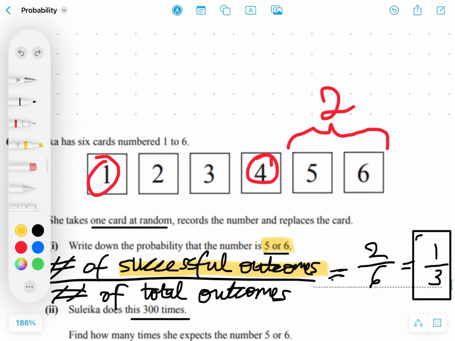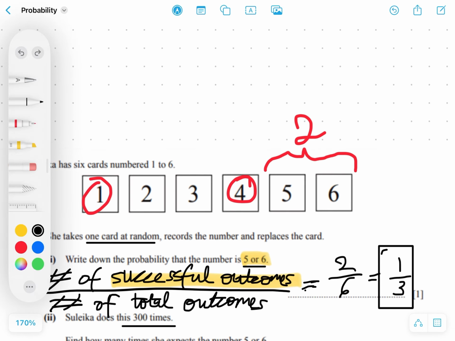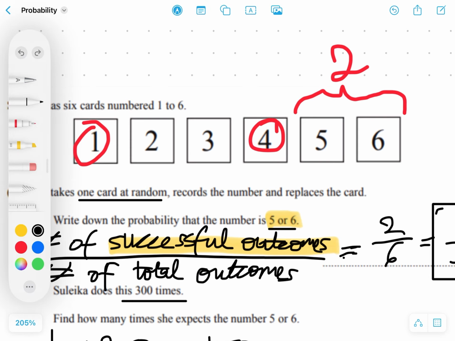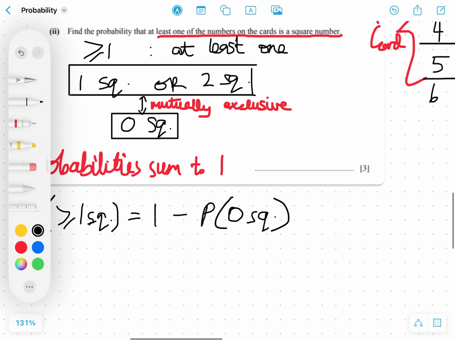So if she chooses any of these 4 numbers, 2, 3, 5, or 6, that counts as a successful outcome because they're non-square. So the probability of picking a non-square number on the first card is 4 over 6. So that's equal to 1 minus 4 over 6.